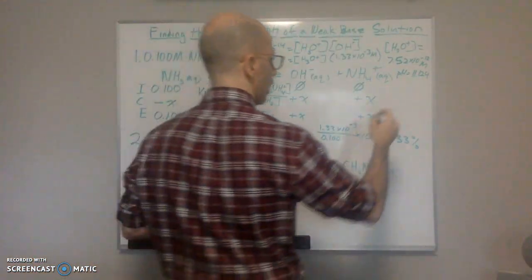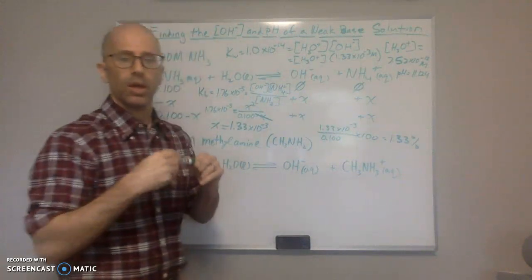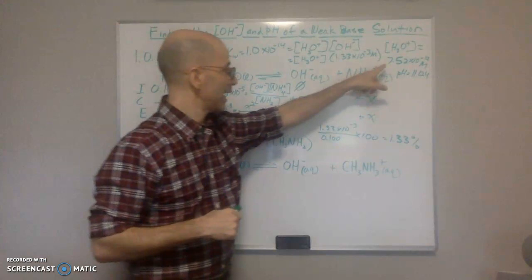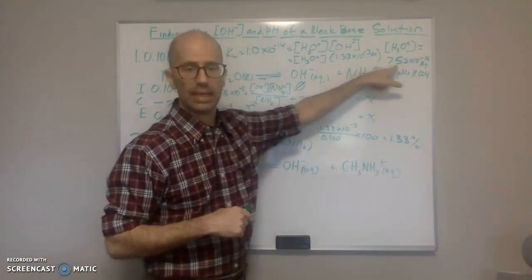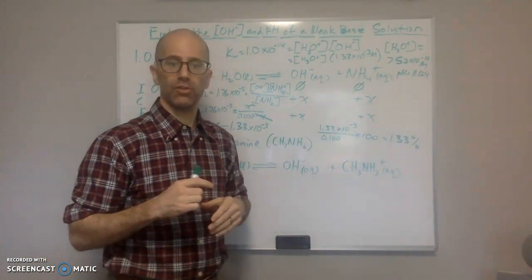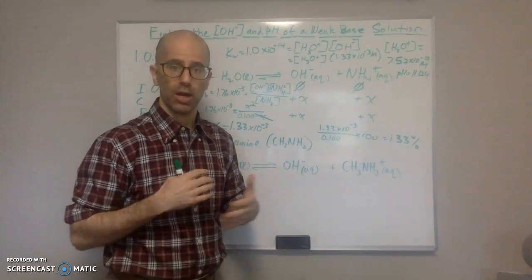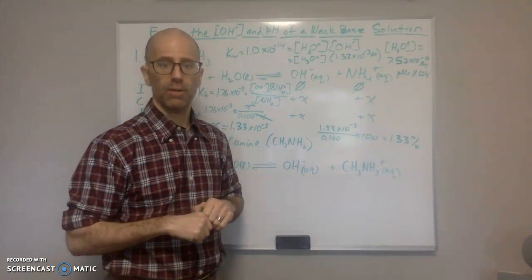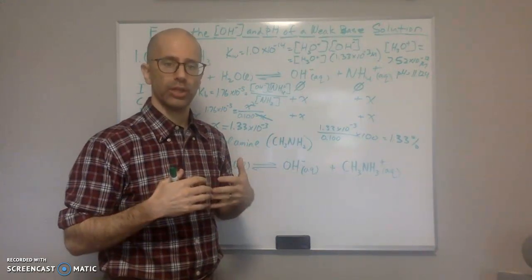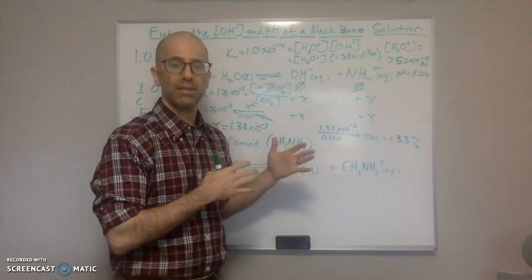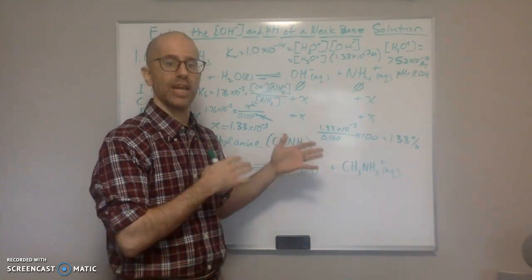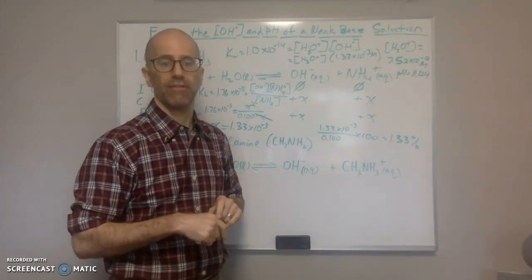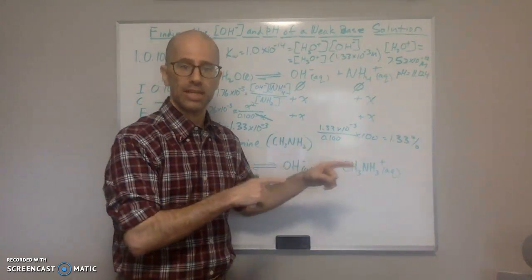Yep. Now notice here again, with regard to significant figures, I have 3 sig figs in here. The rule again is when you take the log of a number, whatever number of sig figs you have in the number you're taking the log of, your answer should have that number of decimal places.